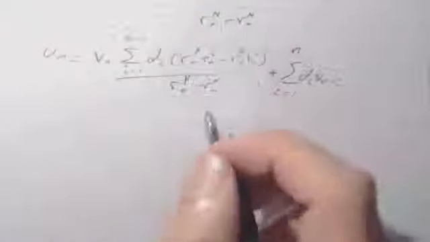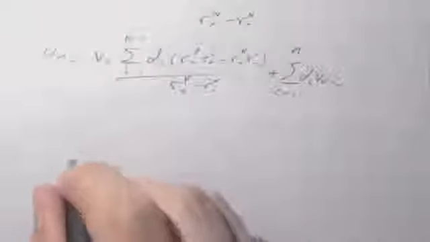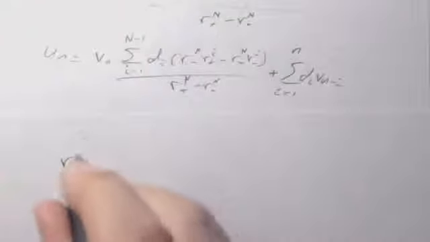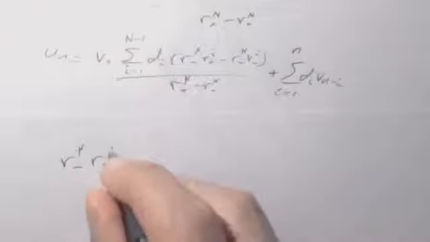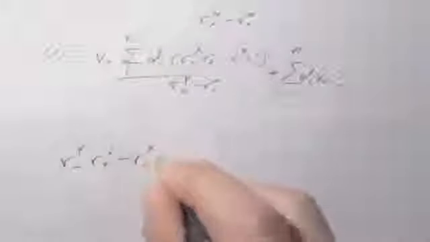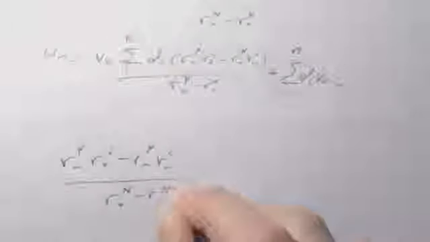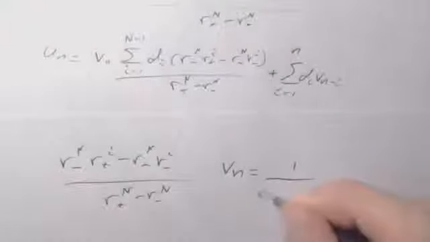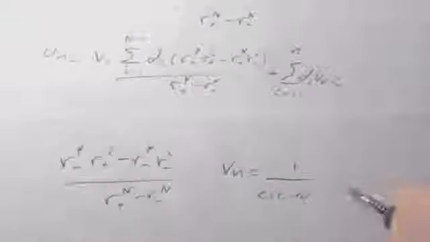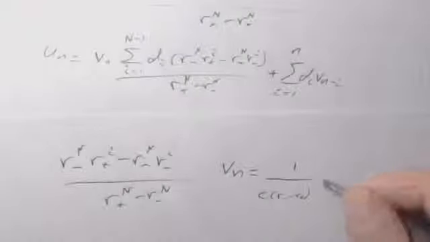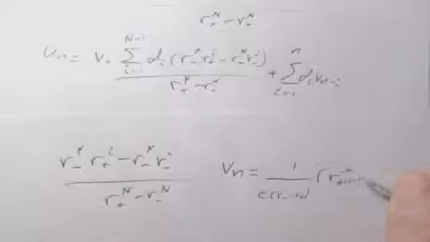I am looking at the quotient r minus to the n, r plus to the i, minus r minus to the n, r minus to the i, over r plus to the n minus r minus to the n. And we had vn equal to 1 over c times r minus minus r plus, times r plus to the minus n minus r minus to the minus n.